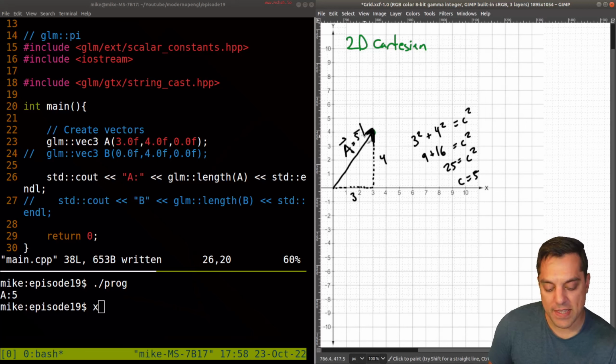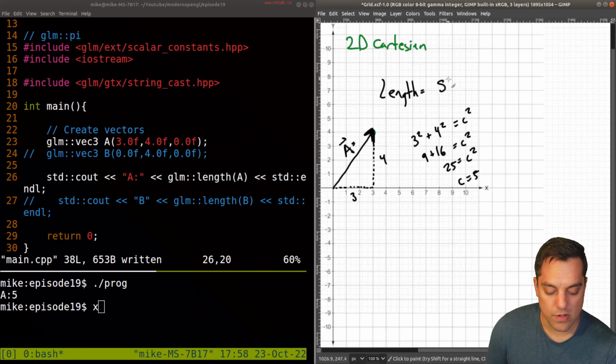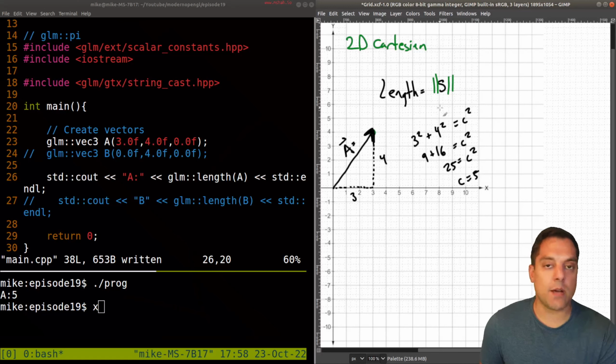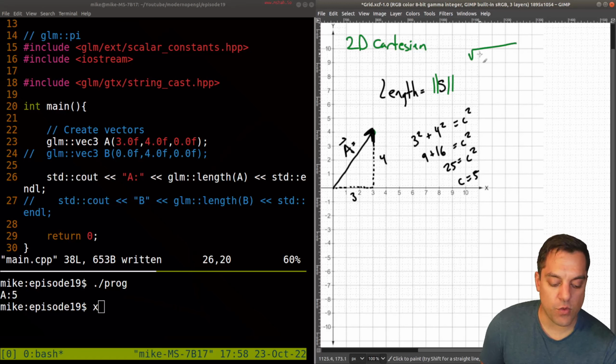We usually indicate that with the double bars to indicate length for our vector. So the length equals 5, and we usually put bars here. Now, this comes from your geometry, so you might remember this, and it's the same in 2D or 3D. It's the square root of the sides.